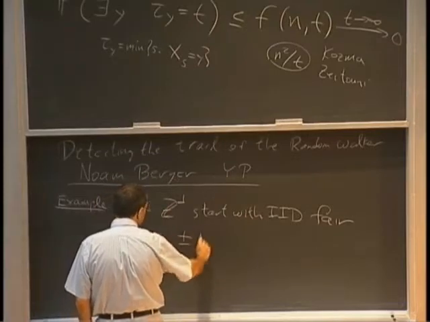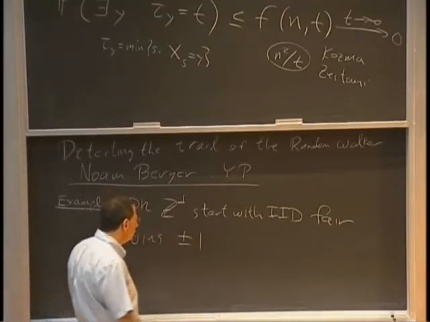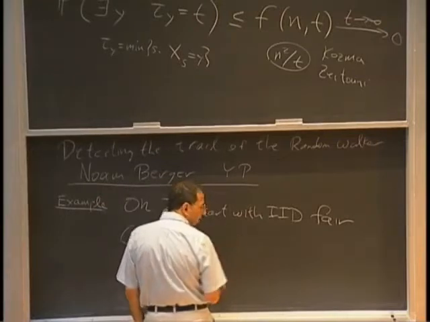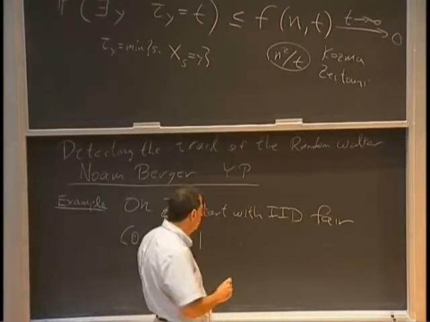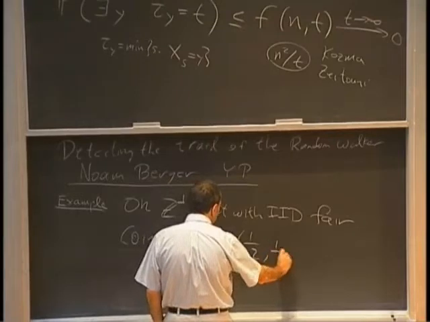My coins are plus minus ones. So at every location, you have a fair coin. It's plus with probability half and minus with probability half.